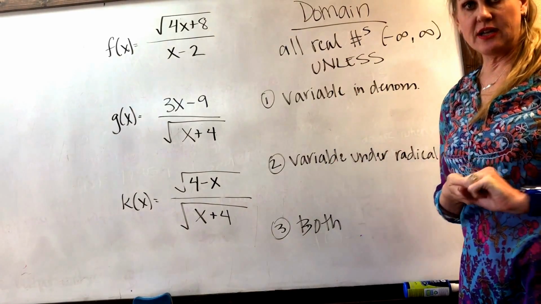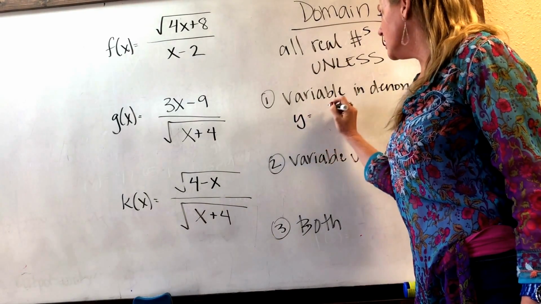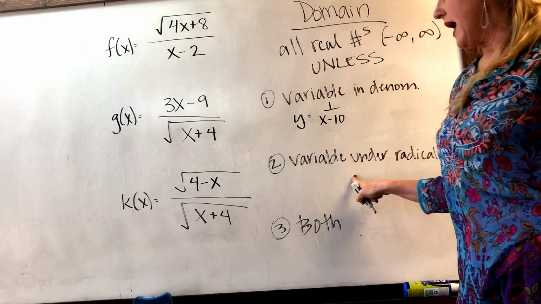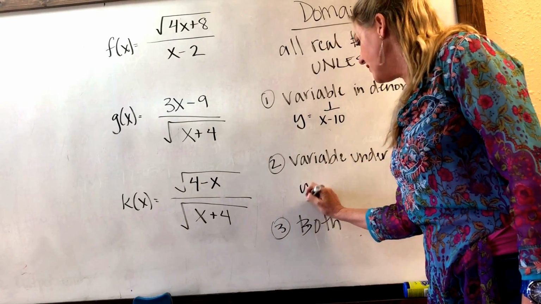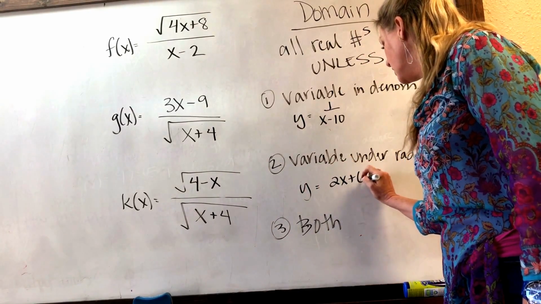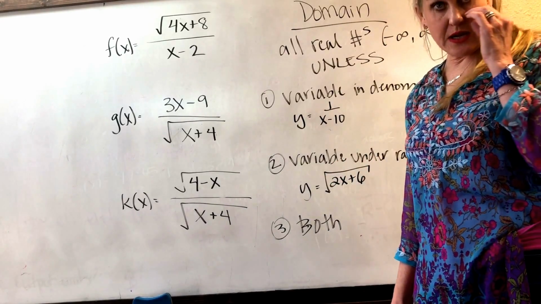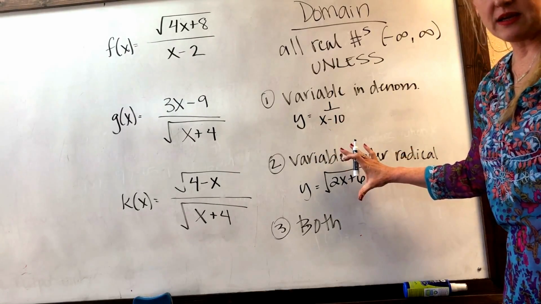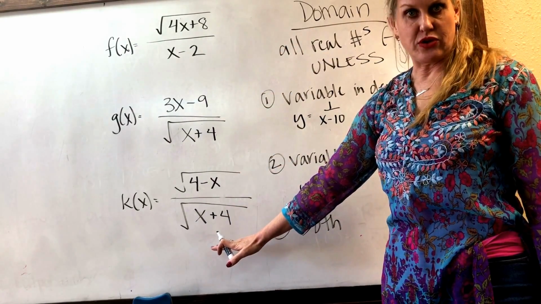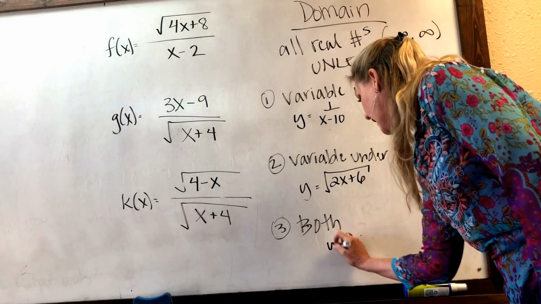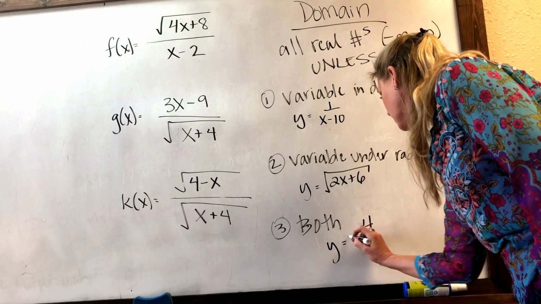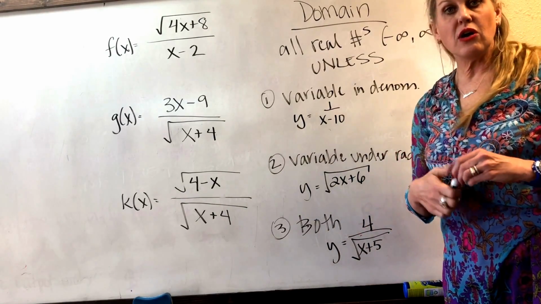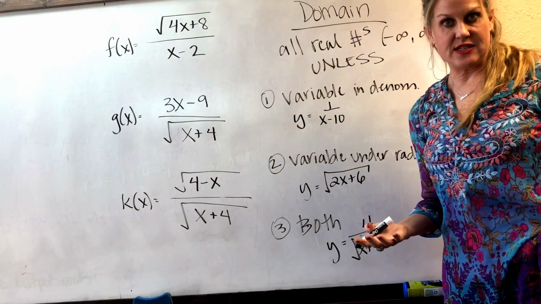You either have a function that has a variable in the denominator, or a function that has a variable under a radical sign, or some combination of both of those happening, and I've put many examples of those over here.